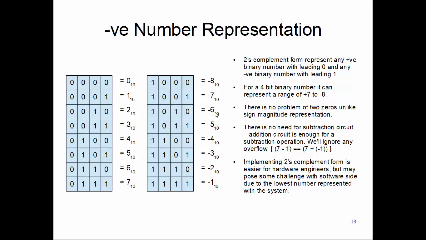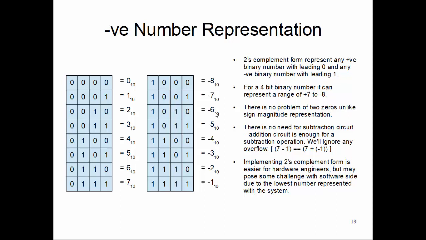One more thing, very important. For a 2's complement number system, one must specify how many bits we are talking of. Is it a 4 bit 2's complement, or 8 bit or 6 bit or 7 bit?